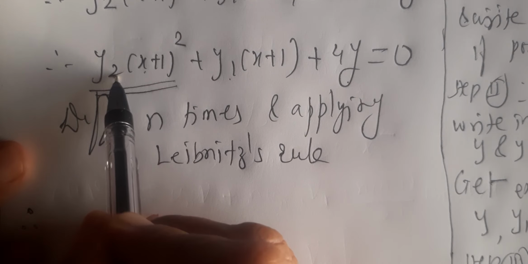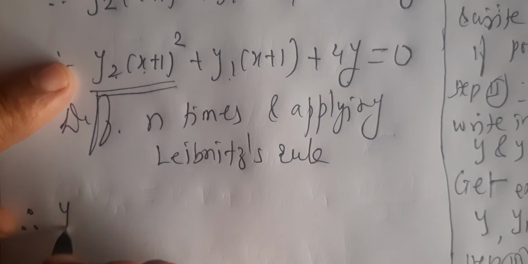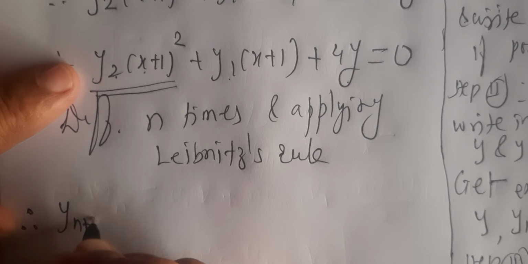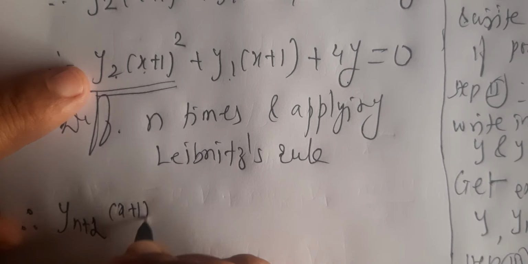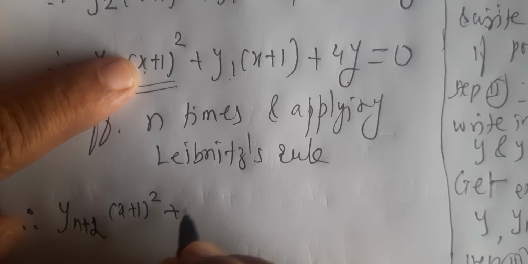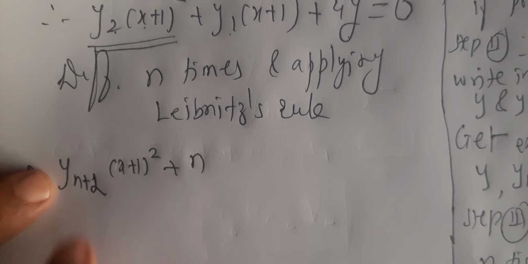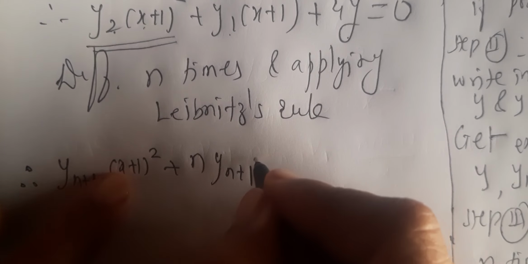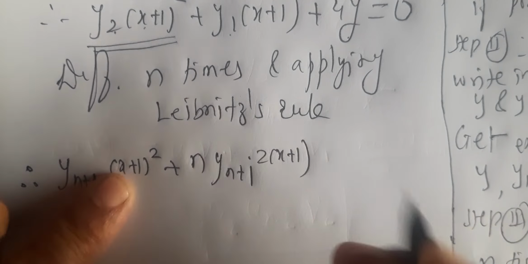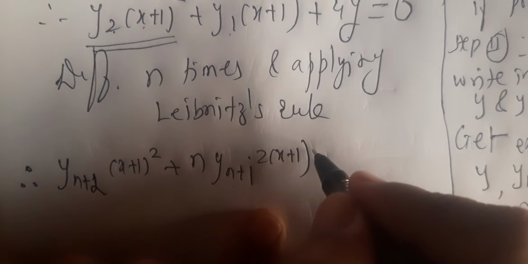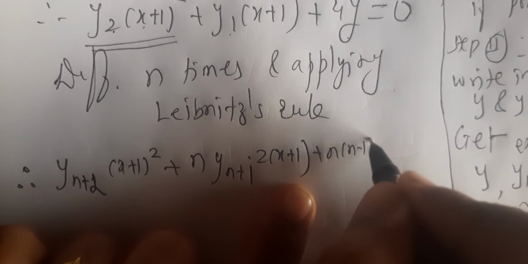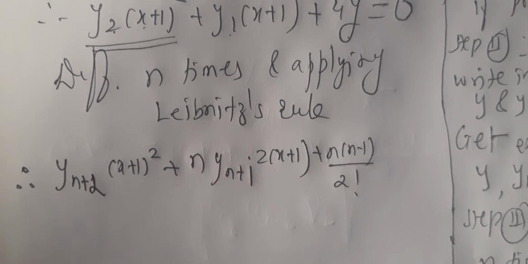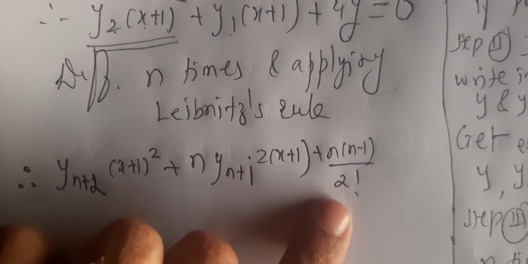See, nth derivative of y2, I hope you all can understand, it is y(n+2), y2 we are differentiating n times, that is y(n+2) into this v as it is, plus n into this derivative that reduced by 1, that is y(n+1), into this derivative, that is 2 into x plus 1, that is v1, plus next is n into n minus 1 upon 2 factorial, that is nC1, nC2.